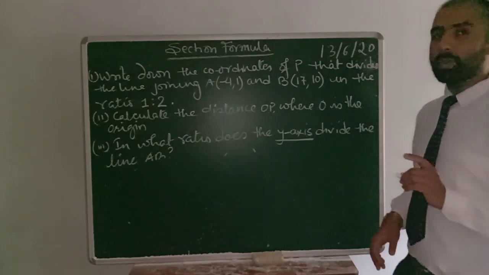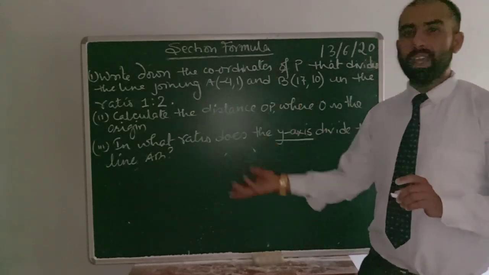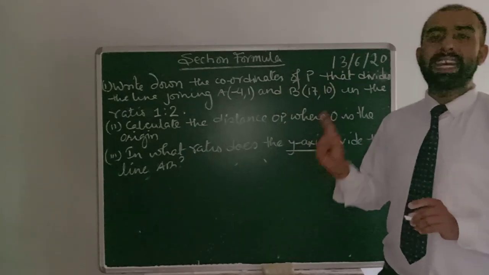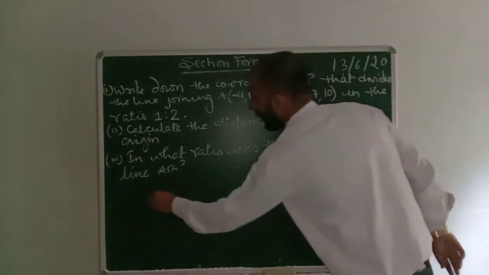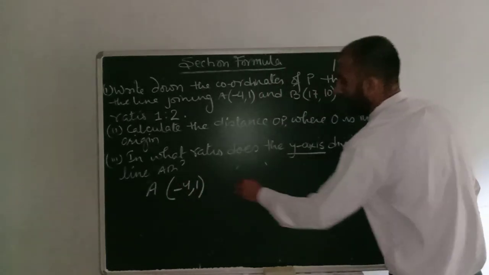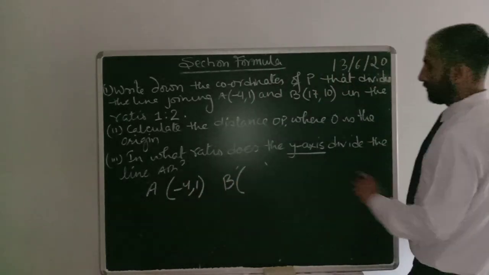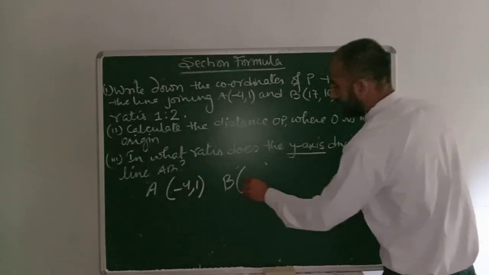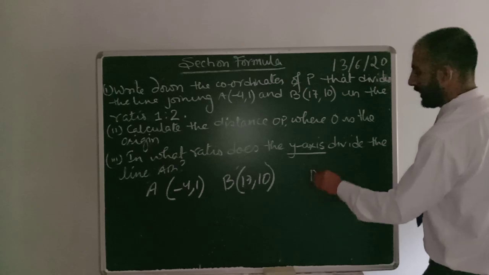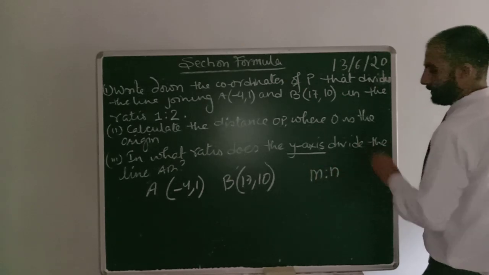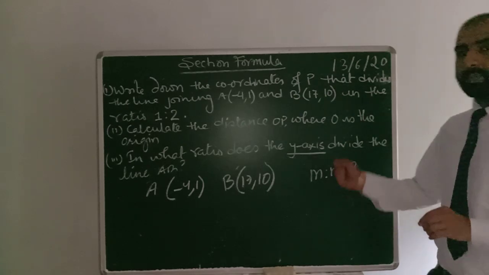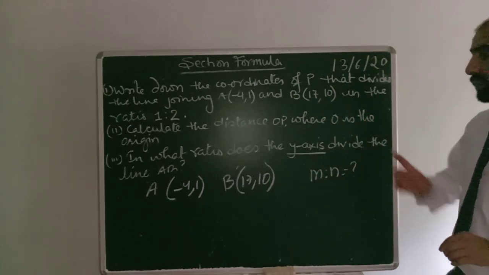So we are going to use the m:n ratio, then we will keep the x coordinate at 0. We got A as -4 and 1, we got B as 17 and 10. Now we have the ratio m is to n that we are supposed to find. We will keep the ratio m is to n only and we will find out the coordinate.